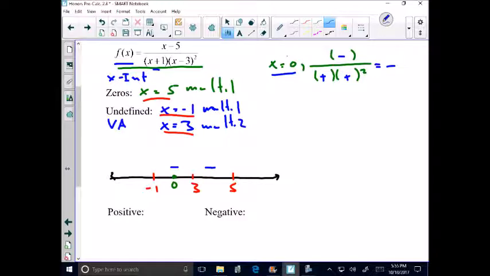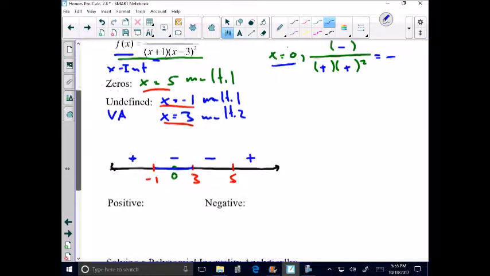When I cross over the x value of 5, where I would have an x-intercept, I can see I've got a multiplicity of 1, so I am going to change signs there, right? And going back, when I cross over the x value of -1 from this interval between -1 and 3, I can see that -1 has a multiplicity of 1, so I am going to change signs there as well.